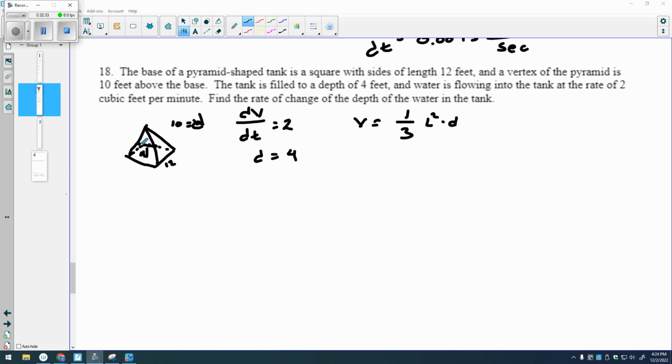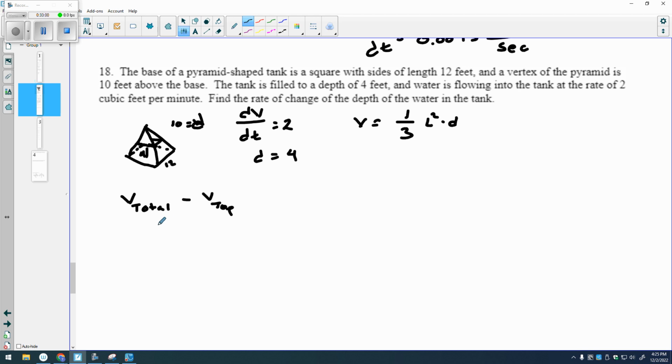My pyramid shape is this piece up here, right? That's my pyramid shape. This water is flat on top. So I'm actually going to have to take the volume of the full pyramid, the volume of the total, minus the volume of this piece here.